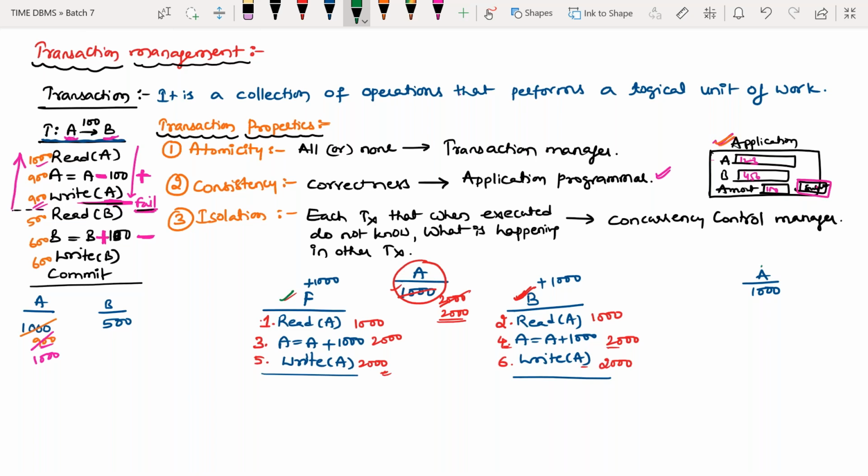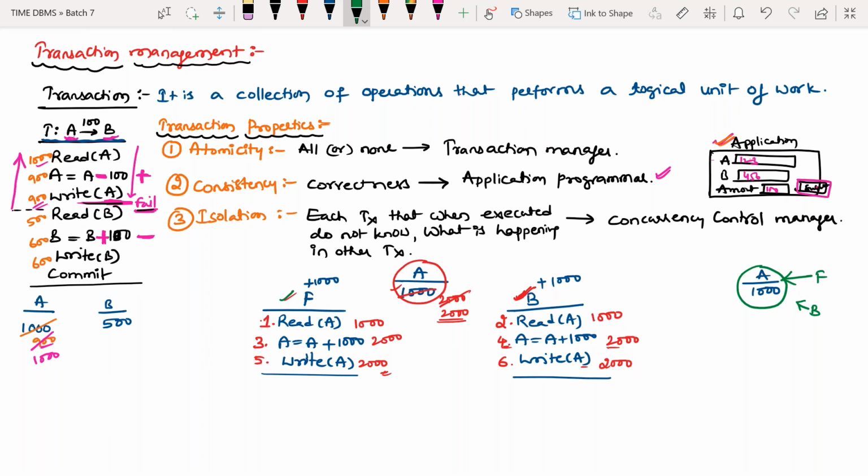The Concurrency Control Manager is going to give a lock to F, so F locks the data item A. And do remember, when one transaction locks a data item, any other transaction like B that wants to access A is going to wait. So after F gets a lock on A, the B transaction has to wait for F's lock to be released.